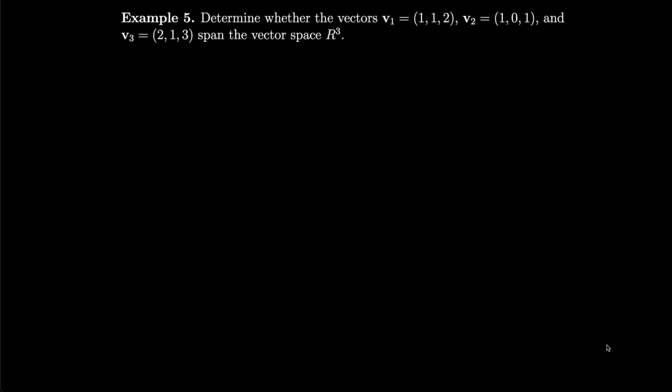Next, let's determine whether the vectors v1, v2, and v3 span the vector space R3. So again, we'll assume that they do. We'll write that the vector b is equal to b1, b2, b3, where b will be a linear combination of v1, v2, and v3. So b will be k1 v1 plus k2 v2 plus k3 v3.